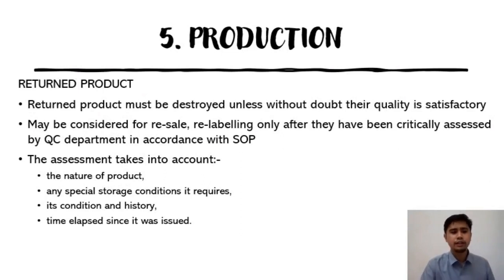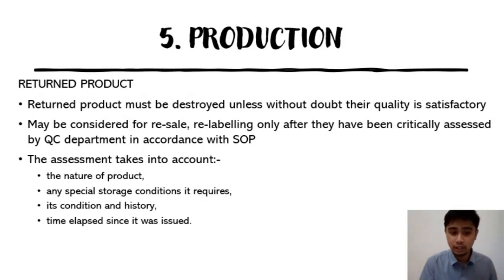For the returned product, it must be destroyed unless, without doubt, its quality is satisfactory. It may be considered for resale, and it can also be resold by relabeling, only after it has been critically assessed by the quality control department in accordance with the standard operating procedure. The assessment takes into account the nature of the product and any special storage conditions it requires.